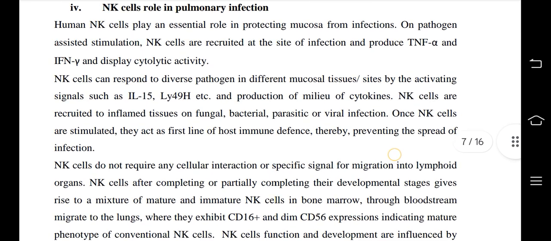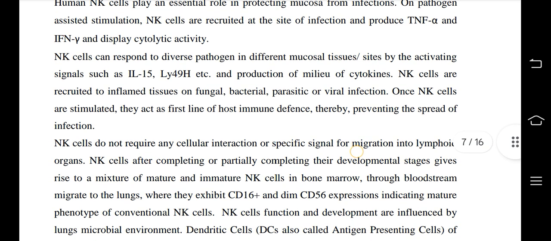So NK cells can respond to diverse pathogens in different mucosal tissue sites by activating factors such as IL-15, Ly49H, etc., and through the production of a myriad of cytokines. NK cells are recruited to inflamed tissues on fungal, bacterial, parasitic or viral infection. Once NK cells are stimulated, they act as the first line of host immune defense, thereby preventing the spread of infection.